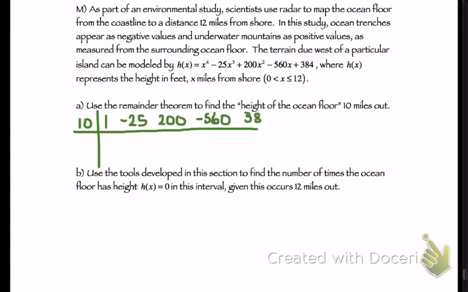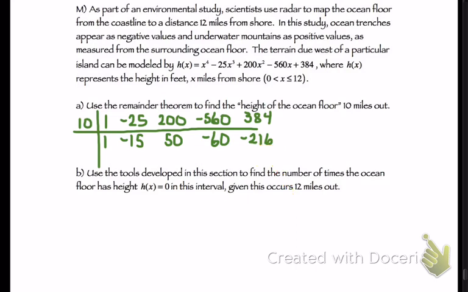So there are my numbers. Again, you should be able to do synthetic division from this point. So I get a number of negative 216. The remainder theorem says to simply take the remainder, and that is our answer. It says, use the remainder theorem to find the height of the ocean floor 10 miles out.